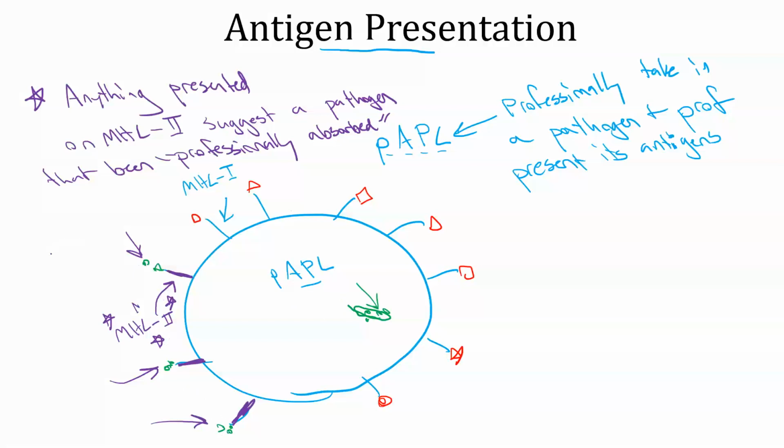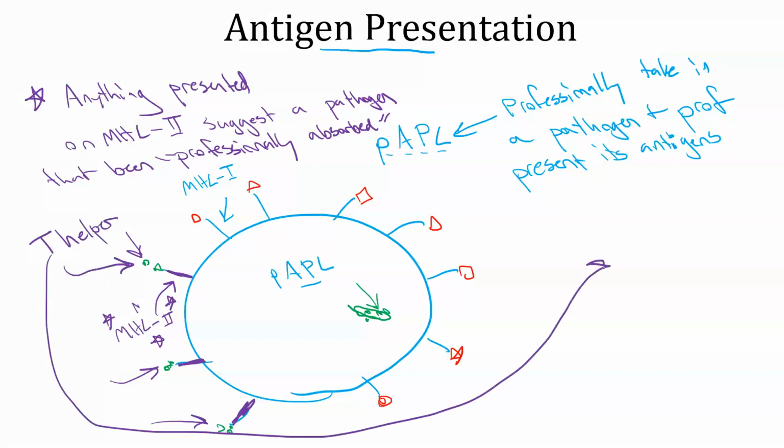So what needs to happen is there has to be a T helper cell that comes and recognizes these antigens, and then that T helper cell will become activated, and then it goes and turns on a B cell. And when the B cell is activated, the B cell creates antibodies. In a very simple way of thinking of it. This all is actually highly complex, but we won't get into any of that level of complexity.